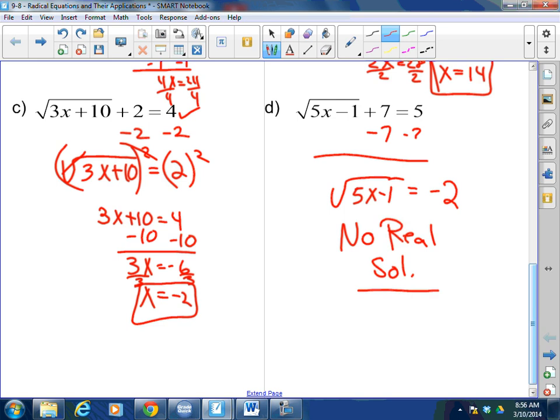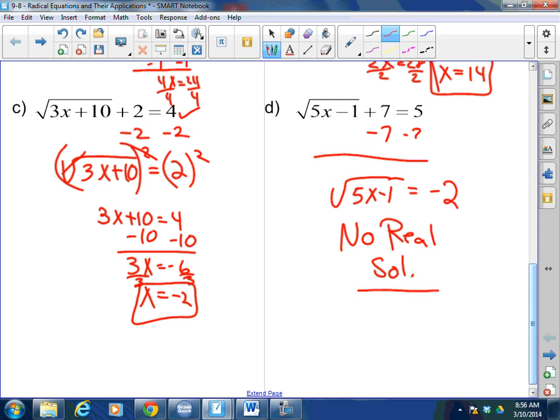We're going to learn soon how to have negative square roots. But right now, can the square root of any number ever be negative? No. So therefore, this is no real solution. Just like the absolute value, remember? If you have the absolute value of 2x plus 5 equals negative 6, it can't be, because you cannot have an absolute value that is negative.